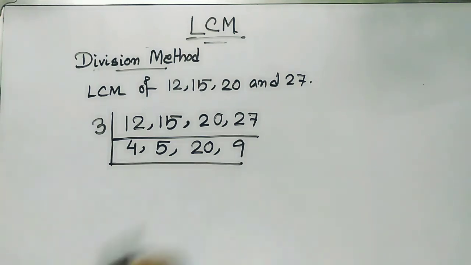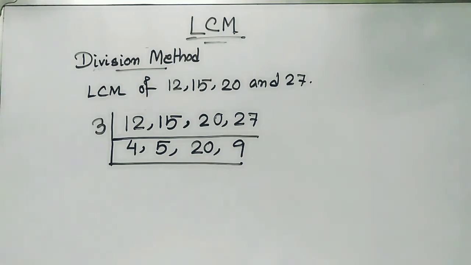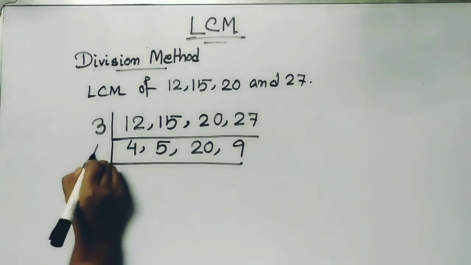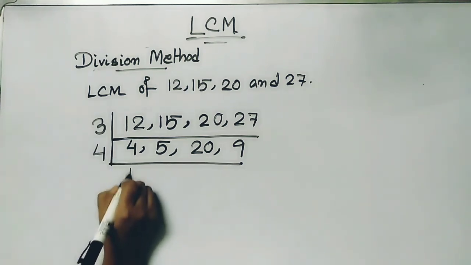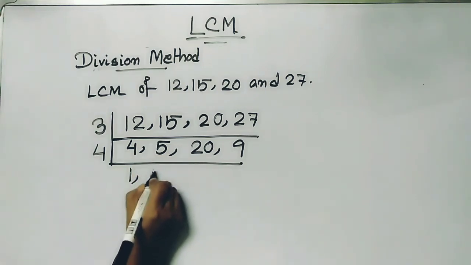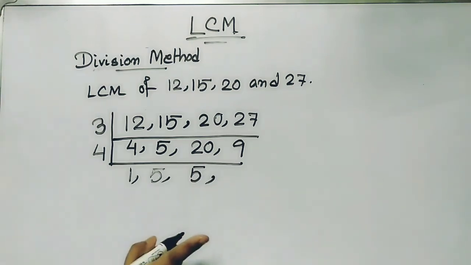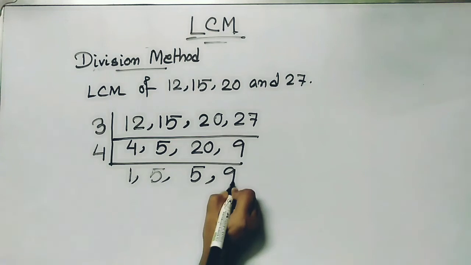Next see here 4 and 20 is divisible by 4. But 5 and 9 are not divisible by 4. So at least 2 numbers are divisible by 4. So we will divide by 4. So 4 ones are 4. 5 is not divisible by 4. So we carry forward this 5. And next 4 5s are 20. And 9 is not divisible by 4. So we carry forward 9.